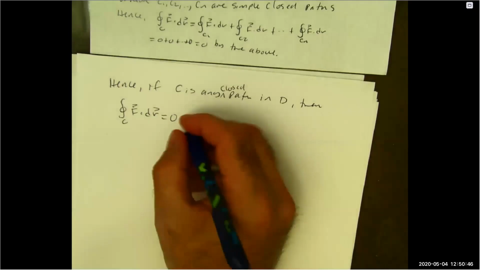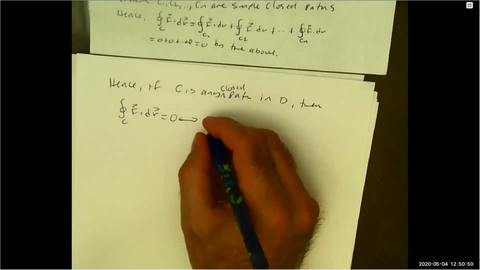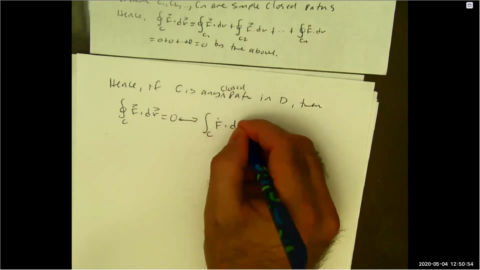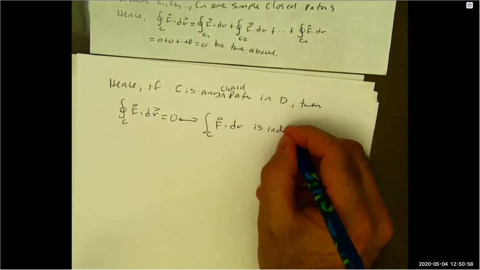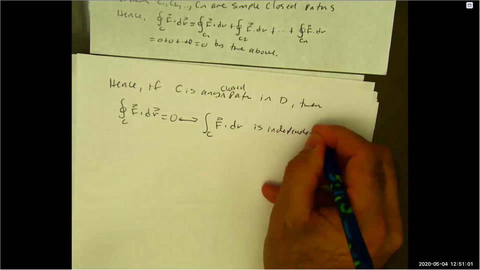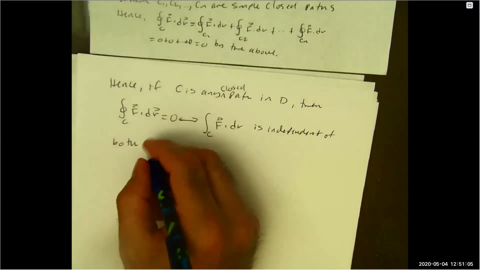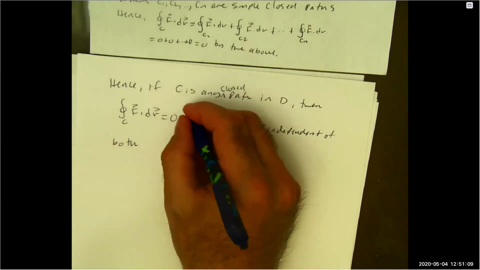And so this is equivalent to this line integral of f dot dr being independent of path, by theorem 3.